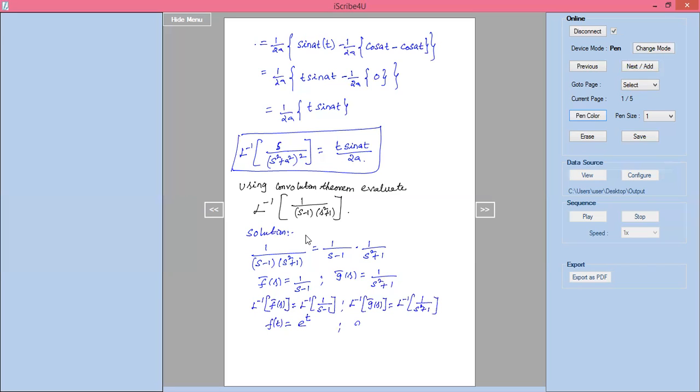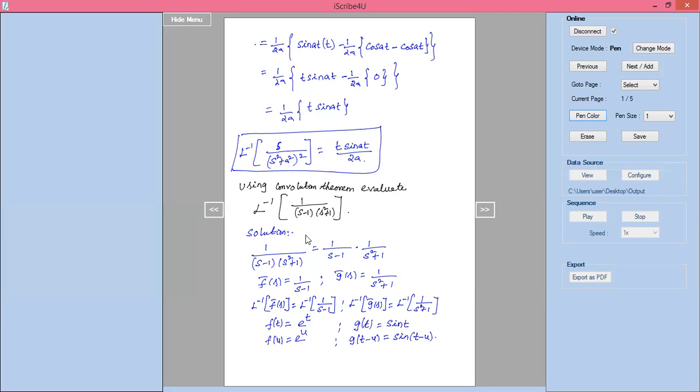Next, g of t equals L inverse of 1 divided by s square plus 1, which is sin at divided by a. A is 1, so sin t. Now, what is f of u? F of u is e power u. G of t minus u is sin of t minus u.